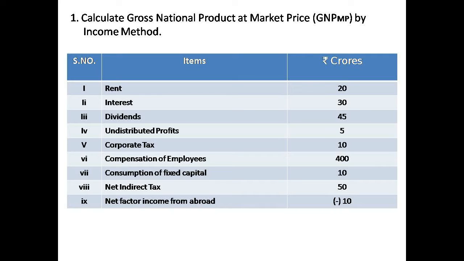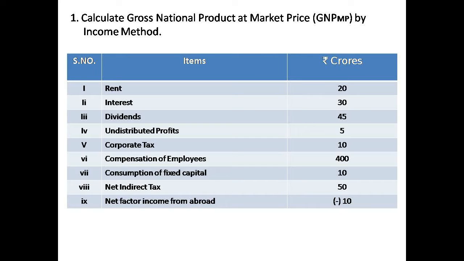Let us now look into a number of problems and see how these problems are solved. The first problem is to calculate gross national product at market price, GNPMP, by income method. Have a look at the problem.